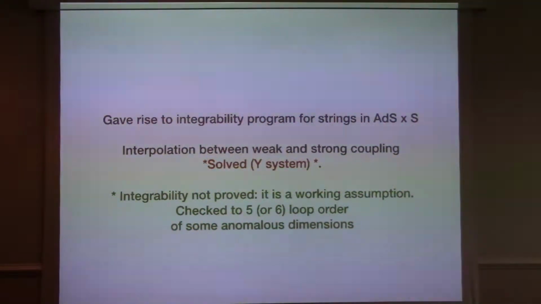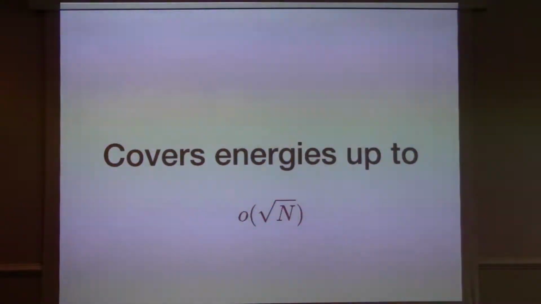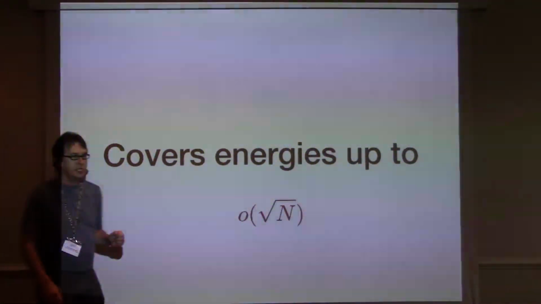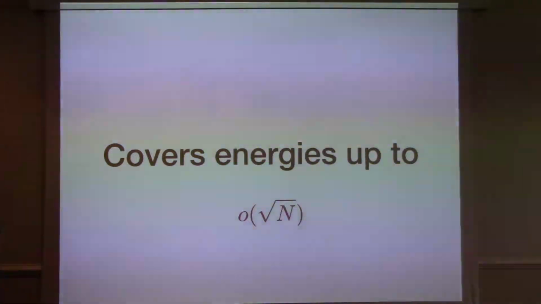Okay, very good. So if you just look at what type of energies you cover, energies up to order square root of N. So square root of N is basically a string stretching from one side of the S5 to the other one.